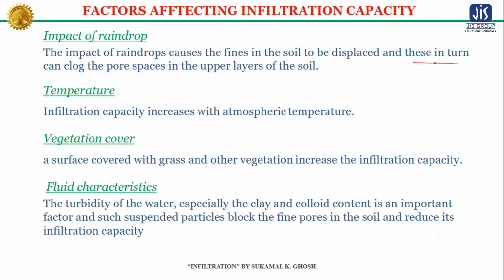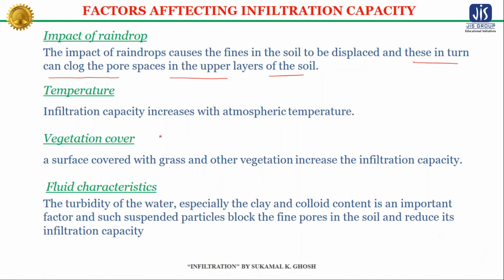This in turn can clog the pores in the upper layer of the soil, and thus the infiltration capacity decreases. Because if the pores get clogged by the displaced soil, then the water cannot move through the soil, and thus the infiltration capacity of the ground decreases.